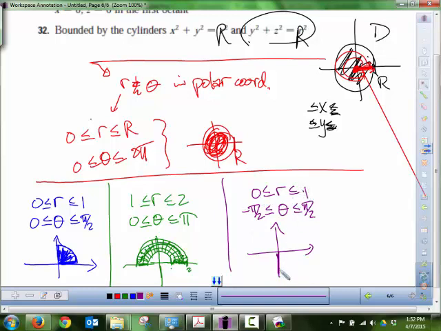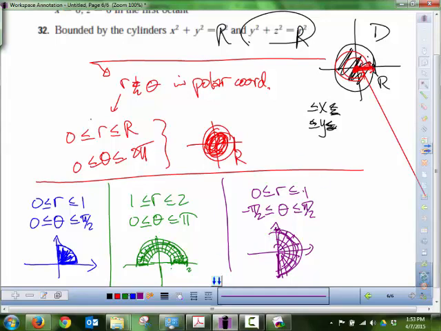You go from 0 to 1, and then you swing that all the way around to positive pi over 2. So it's all these. So it's just going to be the right side of the circle. Okay? So that's how you would describe your polar coordinate stuff.